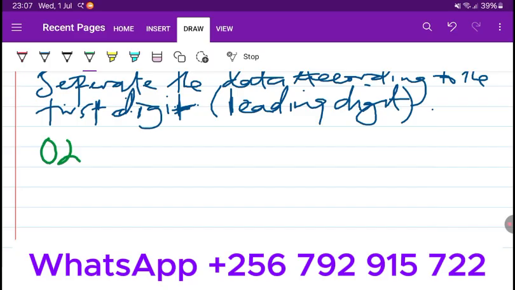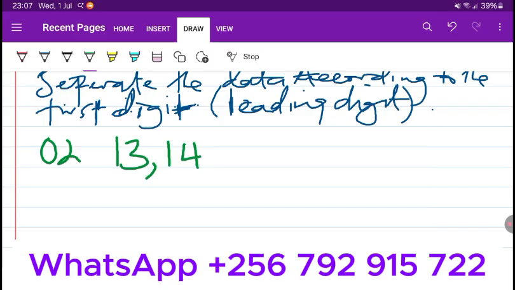So we put 13, then a comma because there are many numbers, then 14. Now we skip a space. That space is just to classify. We are classifying values according to their leading digits.